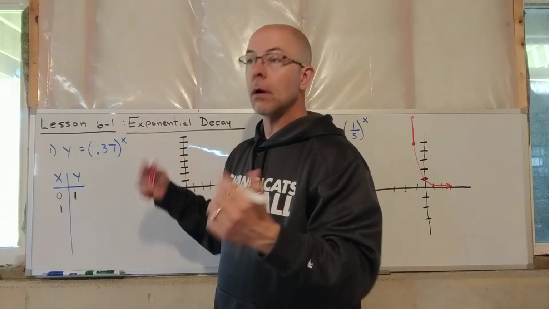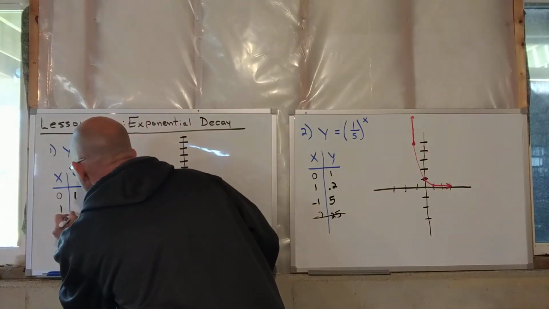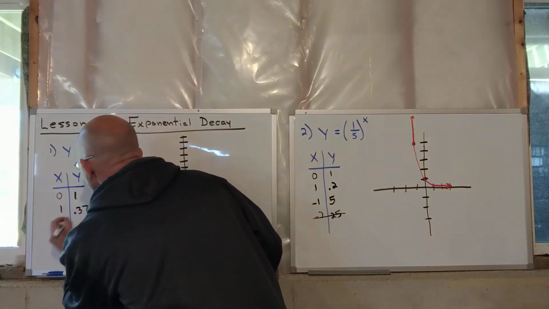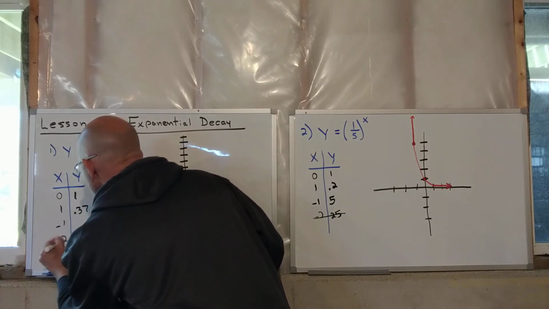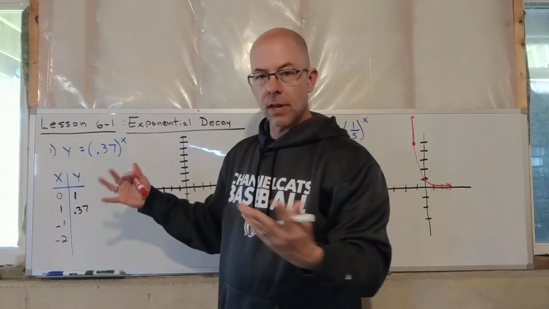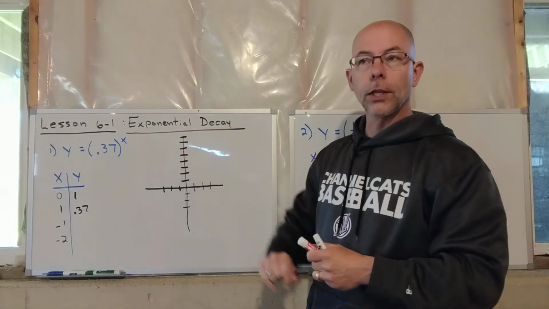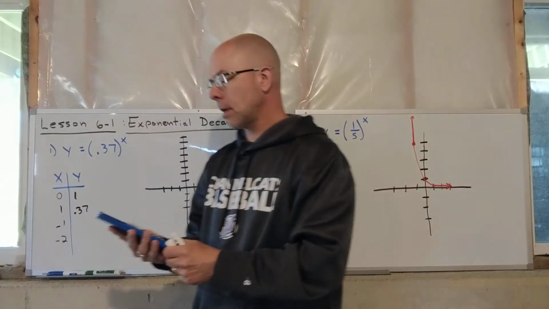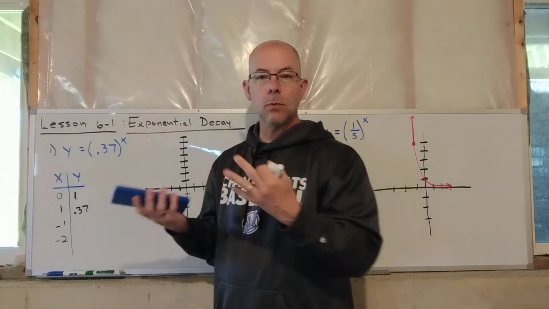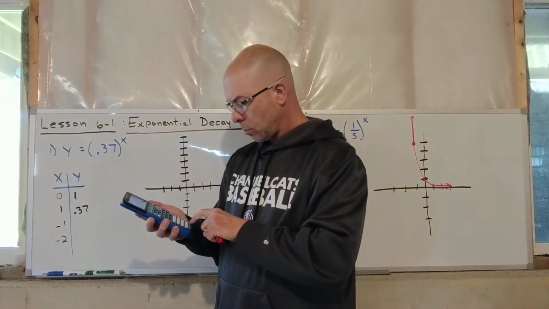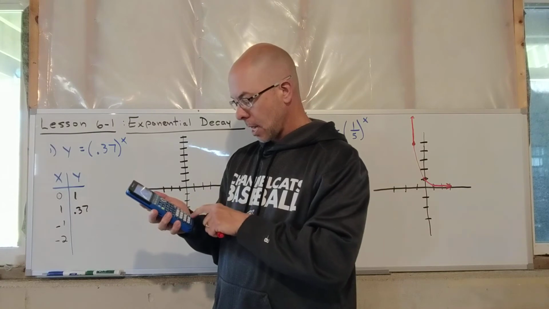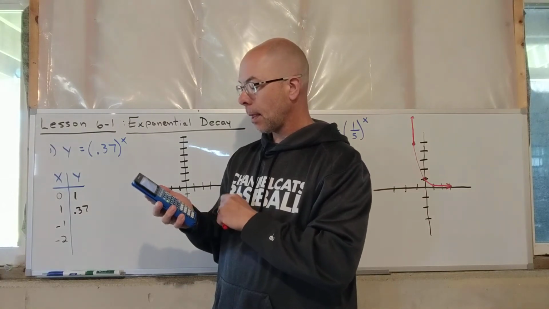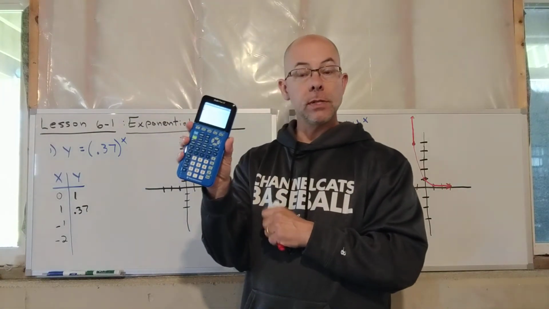0.37 to the first power, 0.37. And see, 0.37 is small, so we're good there. Now, I actually need a calculator to help here because 0.37 is not an easy reciprocal to deal with. So when I do 0.37 to the -1 power, I get about 2.7.